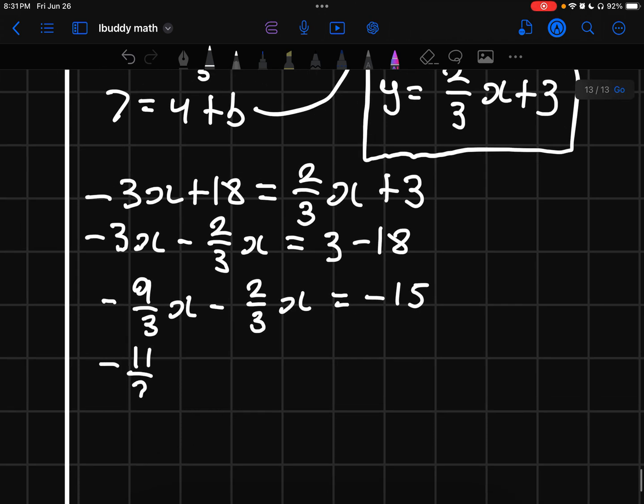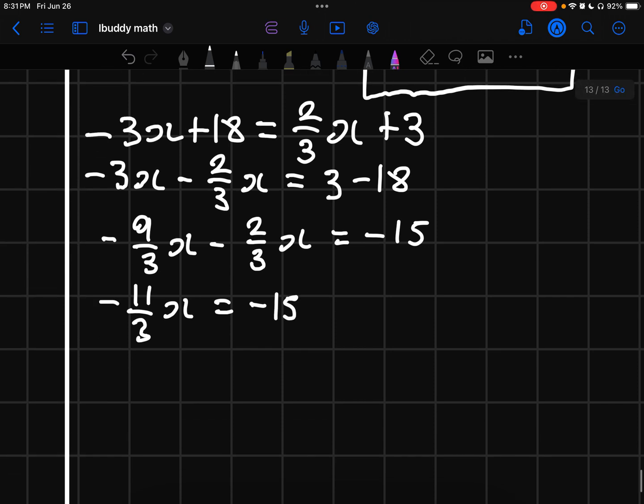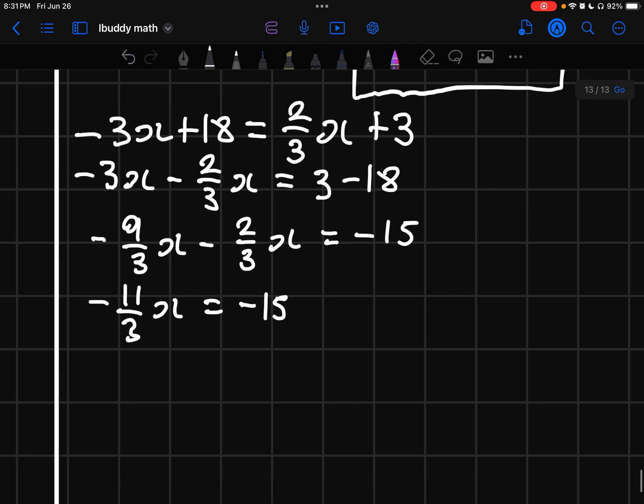Negative 11 over 3x is equal to negative 15. Then x is equal to 45 over 11.